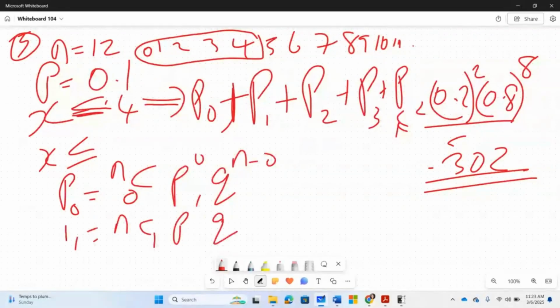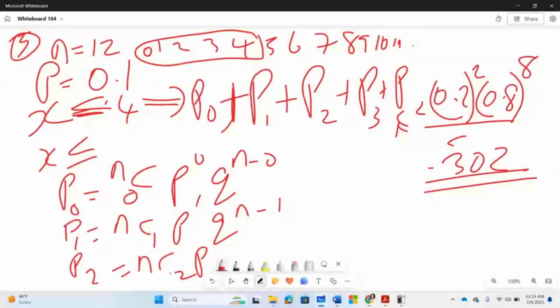And P2 is n combination 2, success to power 2, failure to power n minus 2, until you get to 4. So the next one is P3.